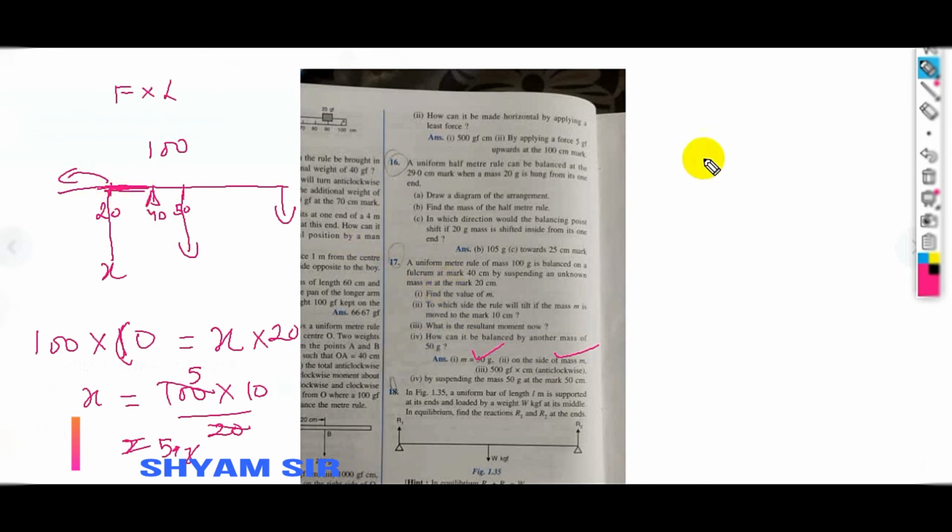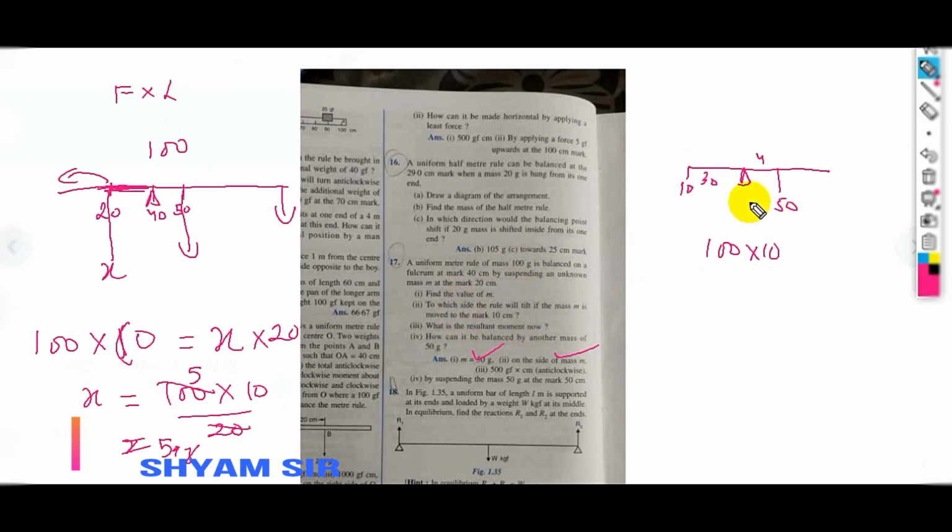In the new case, drawing again, the fulcrum is at 40, the weight is acting at 50, so 100 into 10 will remain the same, and this distance is now 30 centimeter. To which side, and what is the resultant moment?